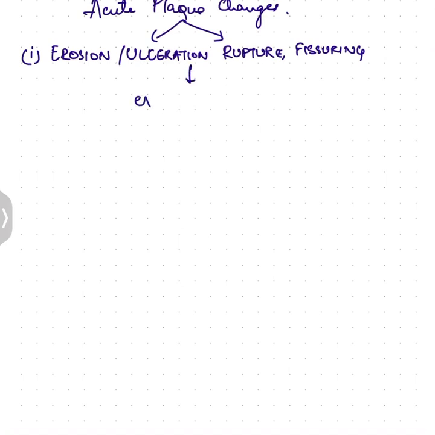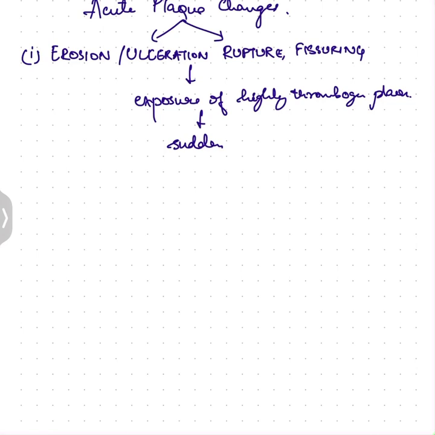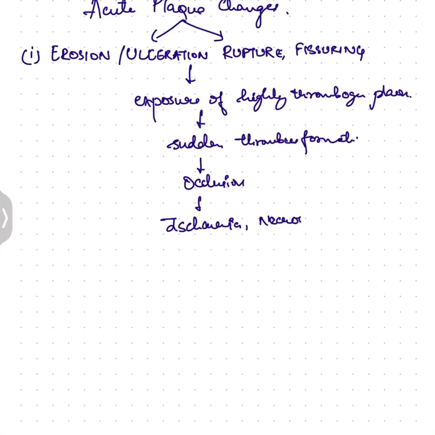All of these lead to exposure of highly thrombogenic plaque, right? So what will happen? There'll be sudden thrombus formation, and we all know that there'll be occlusion, and that occlusion will lead to ischemia and necrosis, which is death of the tissue.